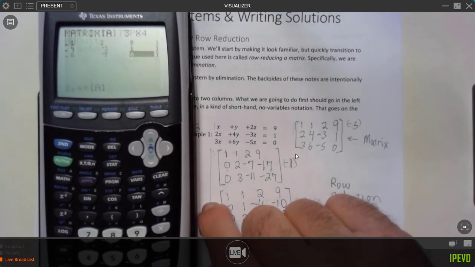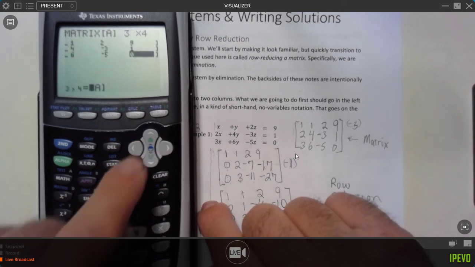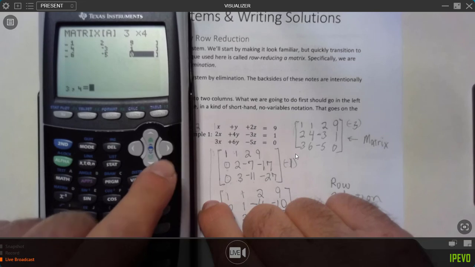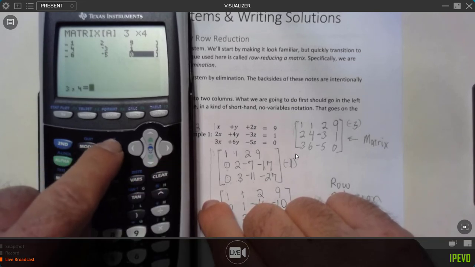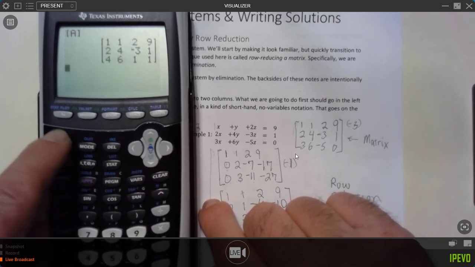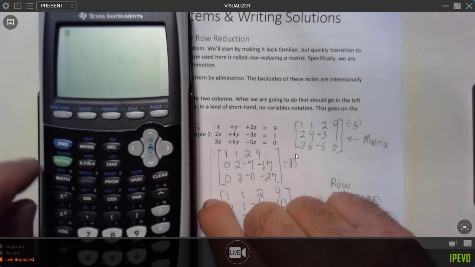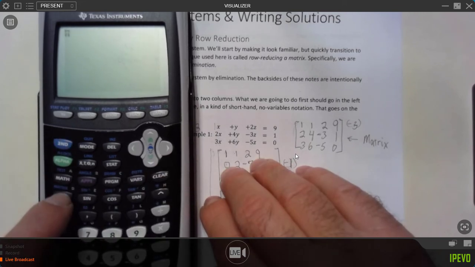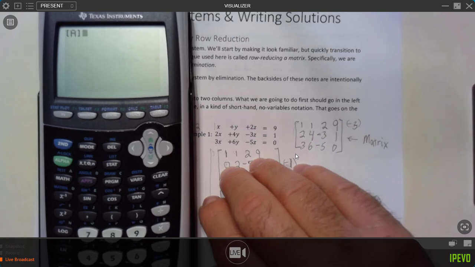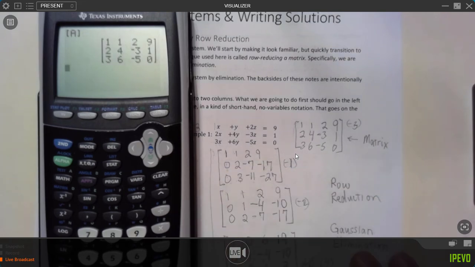And then if I press enter, whoops, there was a problem. I had some other garbage in here. Let's try again. Second matrix. Is it there? Yes, there it is. So there is the matrix.